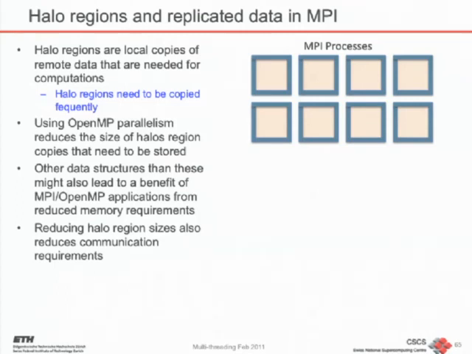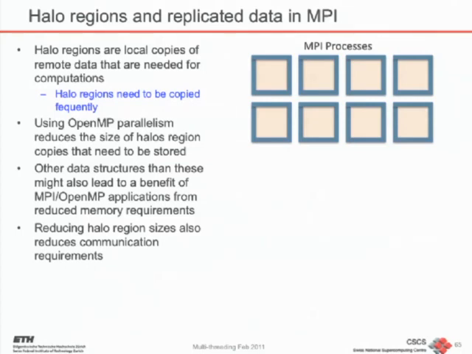So here's a crude diagrammatic example of how halo regions and replicated data work in MPI. Most codes in scientific computing have some sort of halo region, or ghost region, where they're going to transfer data around. They effectively have a local copy of some remote processor's memory.